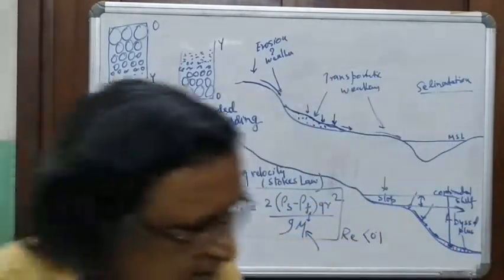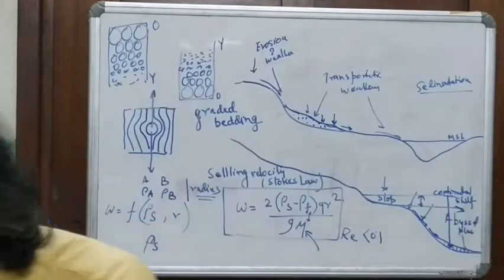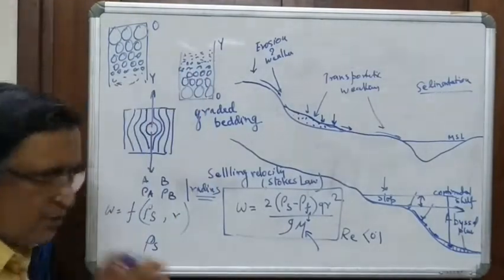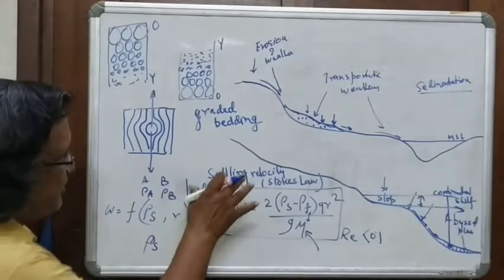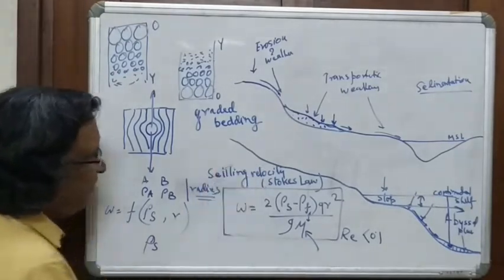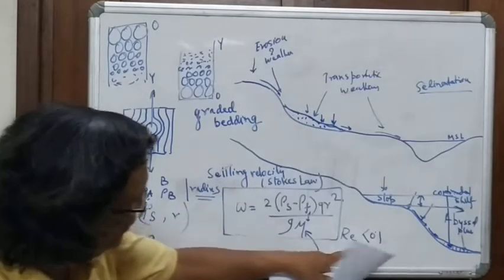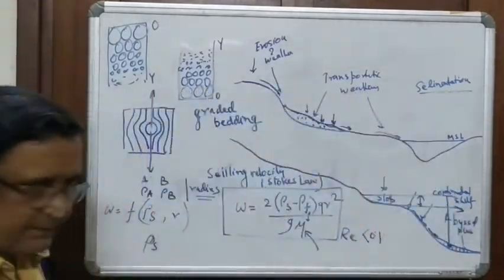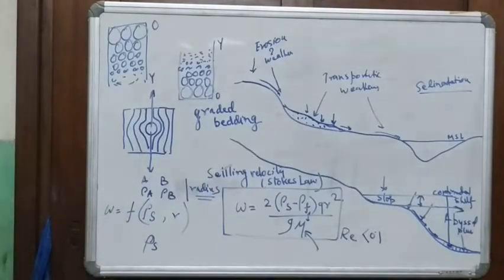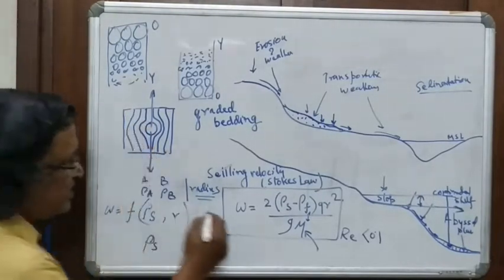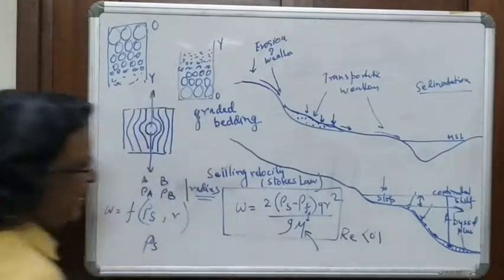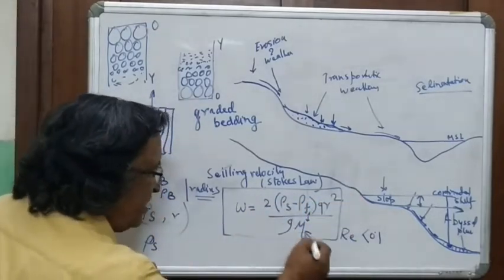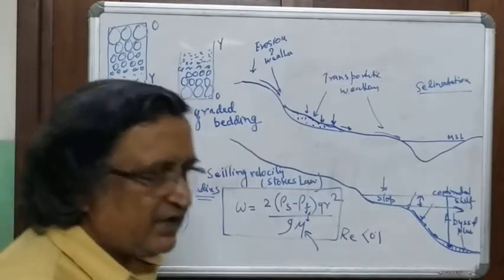But as I said, this brings us to the settling velocity. In Stokes law, for values of Reynolds number 0.1 and lower, that means almost no velocity, complete laminar flow, the settling velocity is given by this equation, where it is dependent on the density and the square of the radius, but is inversely proportional to the kinematic viscosity.